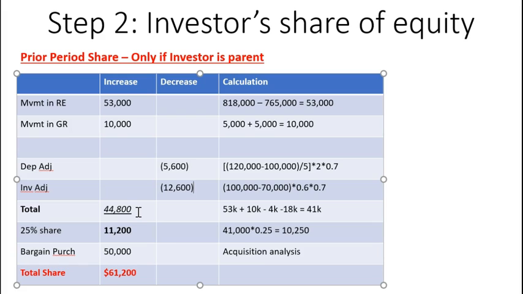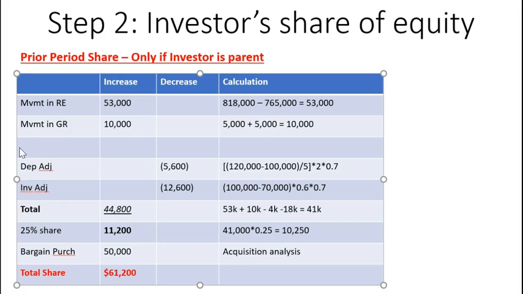But if you remember earlier, I said that for a bargain purchase upon acquisition for equity accounting, we need to include this bargain purchase as our share of equity in the period of acquisition. So the reason for this, if you remember, is that when we recorded our initial investment at cost, we recorded an investment asset of $200,000.